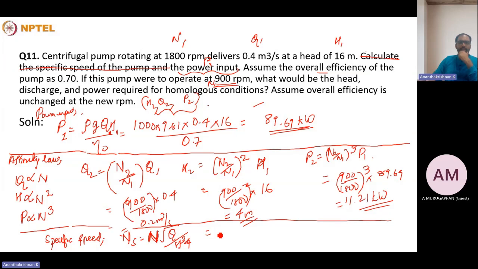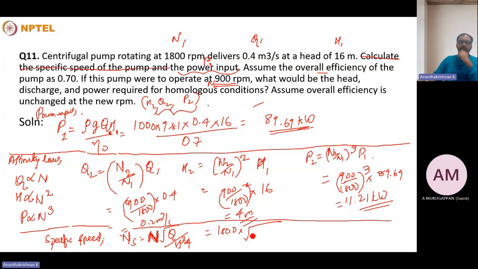So we can write N is equal to, in this particular problem, 1,800 RPM, and we have to substitute discharge in meter cube per second, and head in terms of meter.